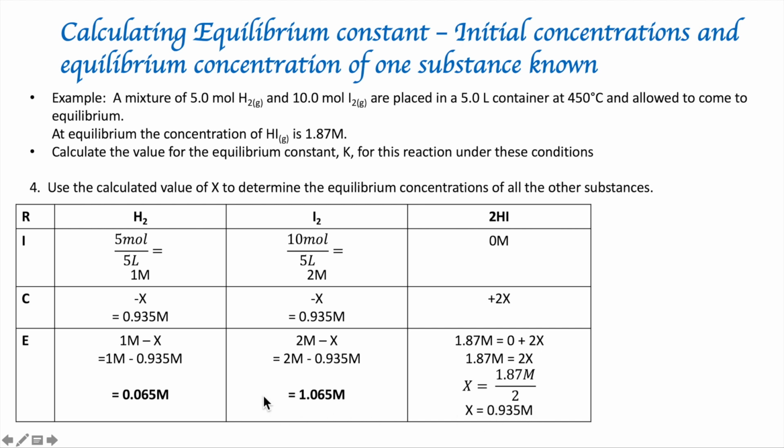And the same thing with this: 1 molar minus 0.935, I'll end up with 0.065 molar. So when this reaction reaches equilibrium, if I have 1.87 molar of hydrogen iodide, then also at equilibrium I will have a constant concentration of iodine of 1.065 molar, and also 0.065 molar of hydrogen.